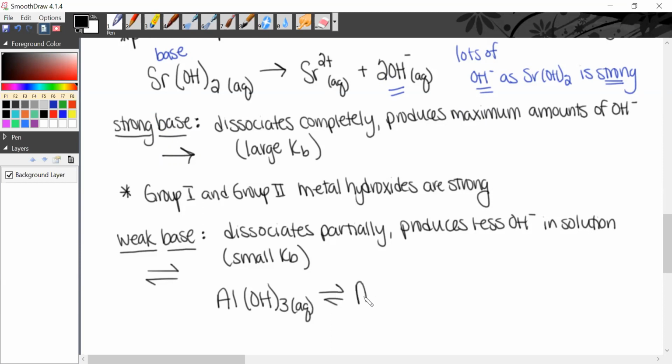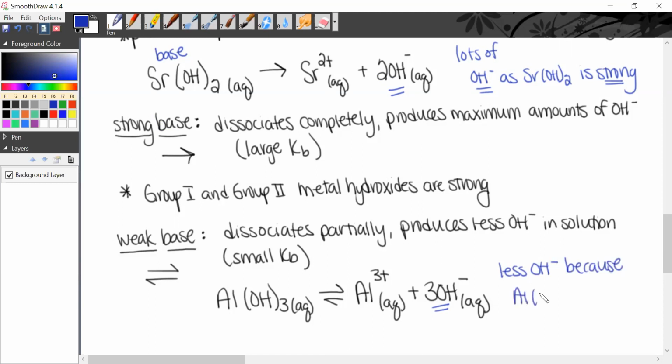Just draw a two-way arrow. It dissociates into aluminum ions and 3 OH minus. Remember, these coefficients are just coming from the formula of the compound. Even though it's a 1 to 3 proportion, we're going to get less OH minus because aluminum hydroxide is weak.